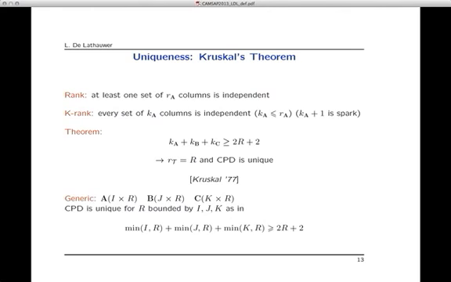And so generically, if you just take, loosely speaking, random values for the parameters in the decomposition, then these K ranks and ranks are just bounded by the dimensions, and you see that you have uniqueness with R bounded in a linear way by the dimensions, and you see R can actually be larger than any of the dimensions and still have uniqueness.